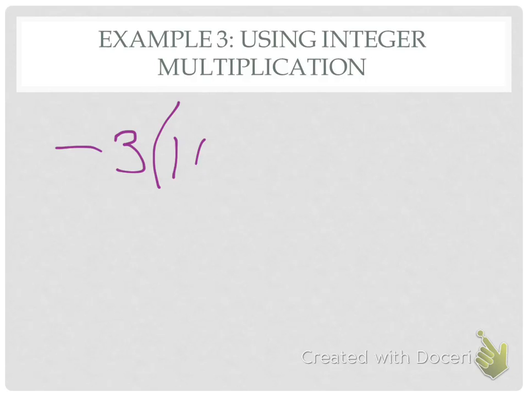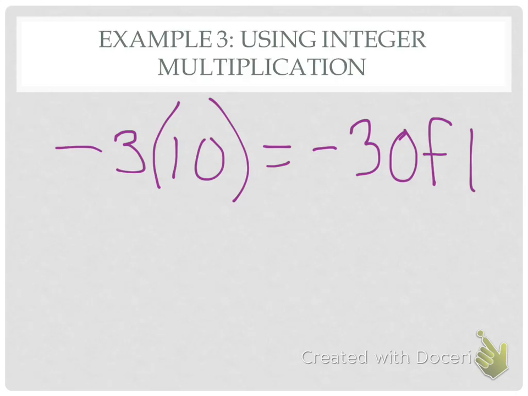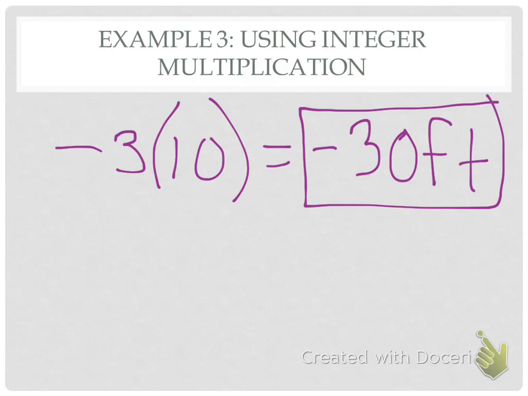Negative 3 times 10. Times 10 years, and what would I get for my answer? Alexis? Negative 30. And what's my label? Feet. Okay, that's about how much ice would melt over a period of 10 years. All right, and if you understand that, that's everything you need to know for 6.4.